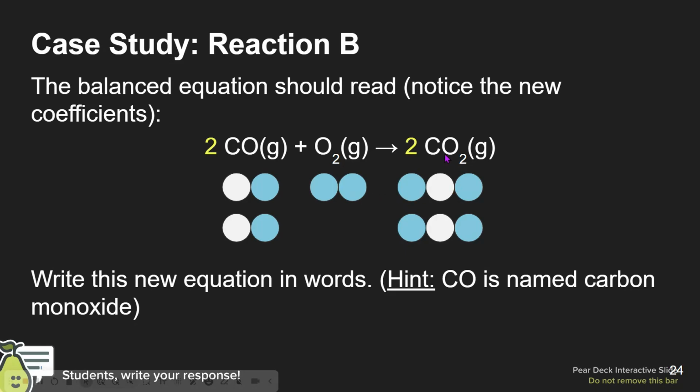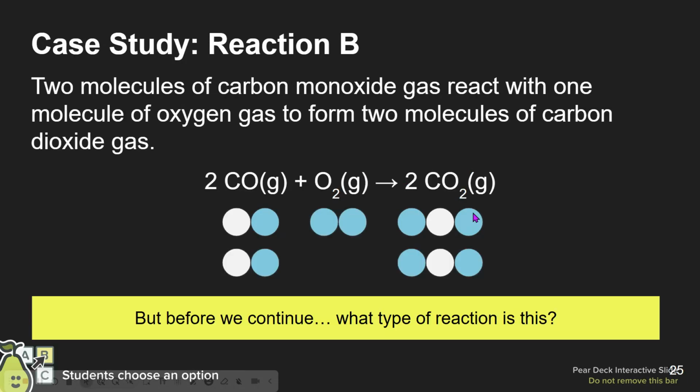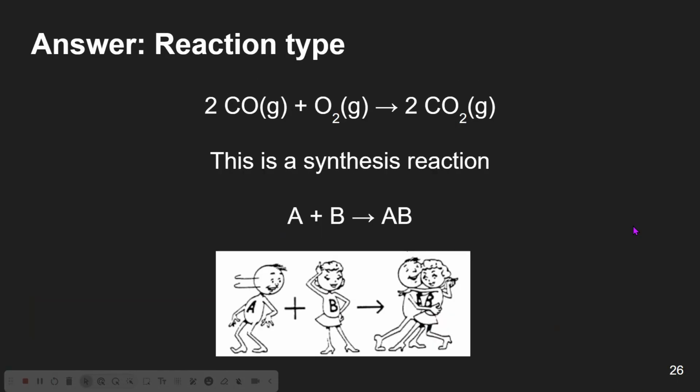And then we'll come over here to the CO2, the carbon dioxide, and put a 2 there as well, because we have 2 of those particles. So now we know that this is balanced. But before we go ahead and move on, let's consider what kind of reaction this one is. And hopefully you came up with synthesis, where carbon monoxide and oxygen join to make carbon dioxide.